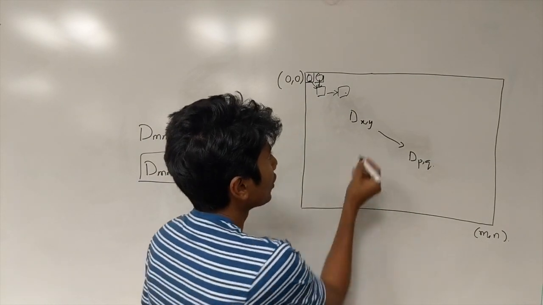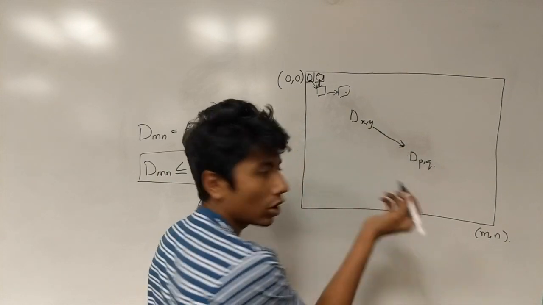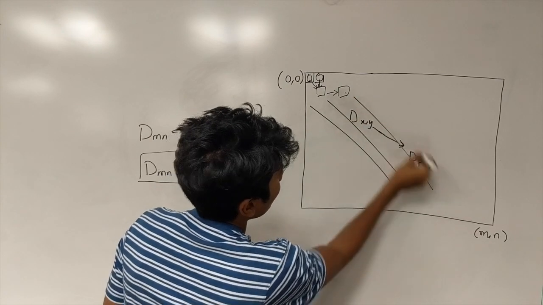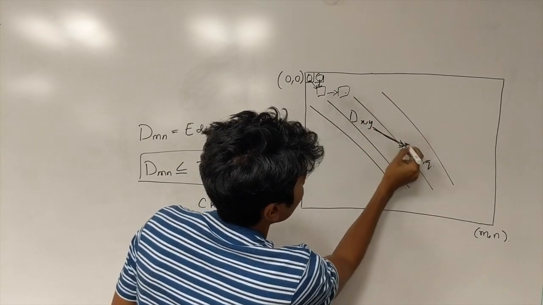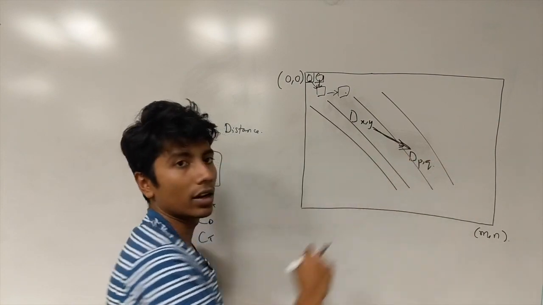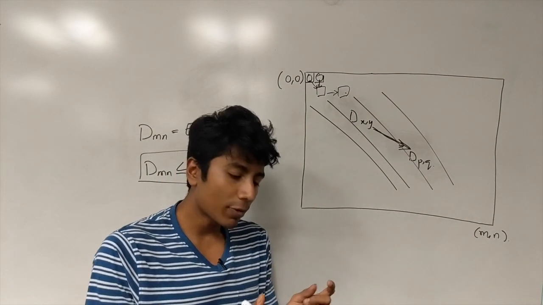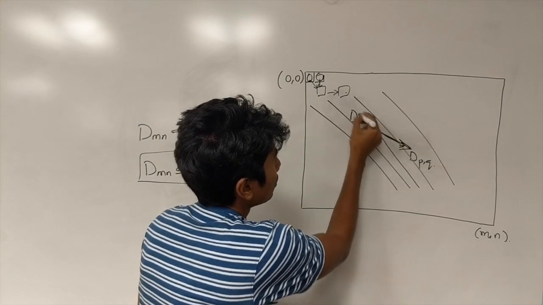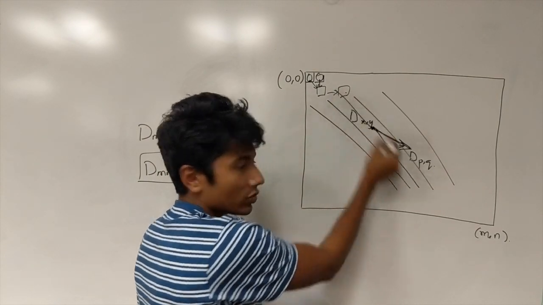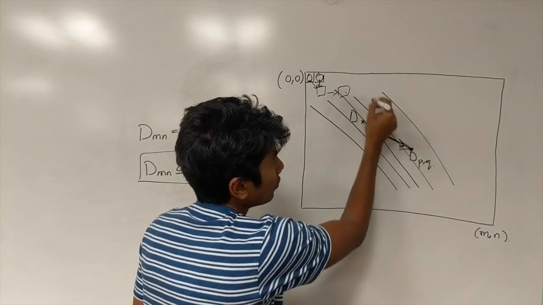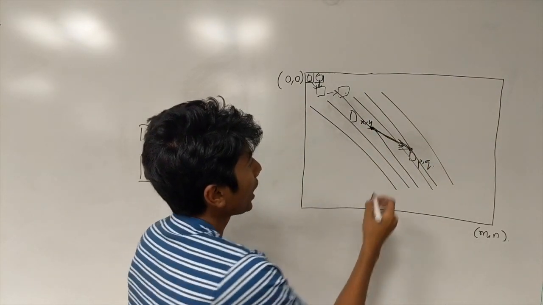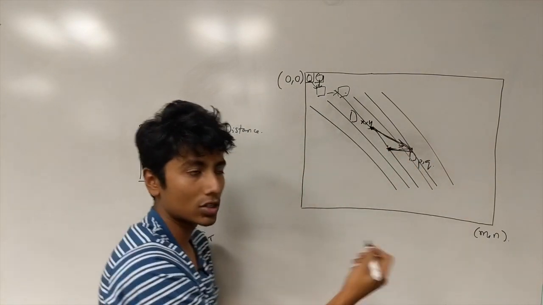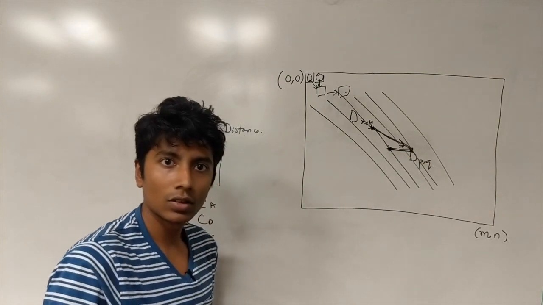But if this line is not along the diagonal, so let us say the diagonals are put like this, and this line is slightly tilted, so it's moving a little away, what you can do is find the difference between this diagonal, which is starting over here, and this diagonal, which p q coincides with. You can take the difference between these 2 points, where it should have been had it been cost 0 and where it actually is.